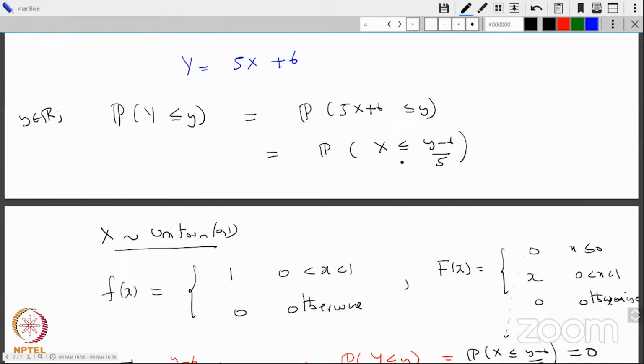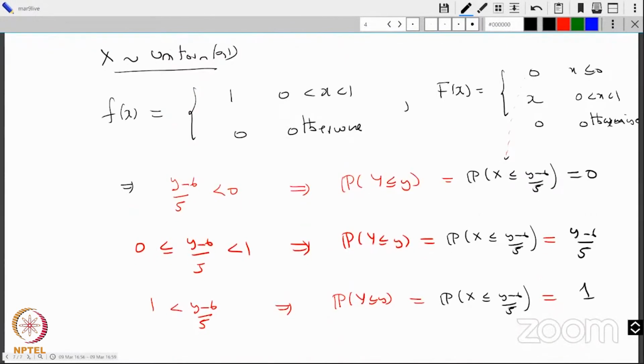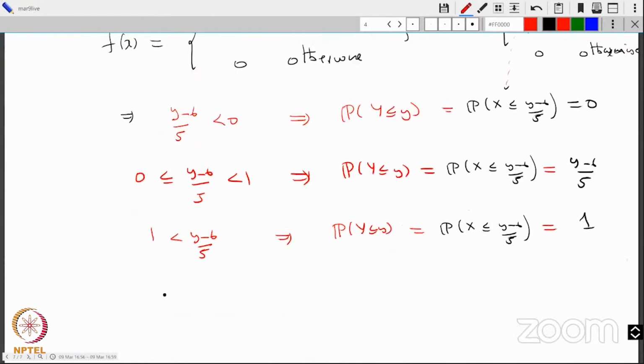So once you have this, how do you find the density function? Okay, so here is our density function now. What have I shown in this calculation? I've shown you here that the distribution function F of y is going to give you 0 if (y minus 6)/5 is less than 0.